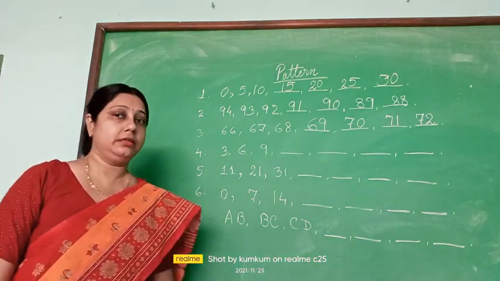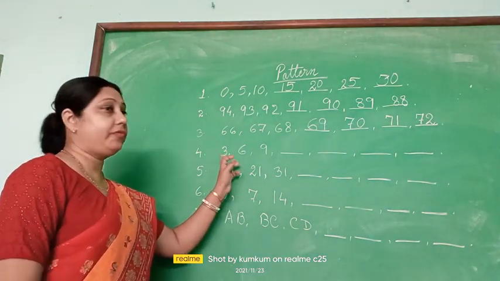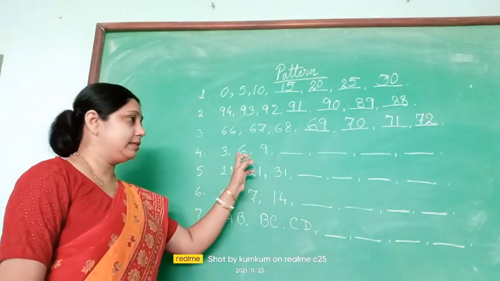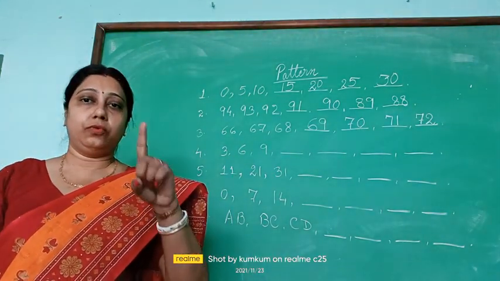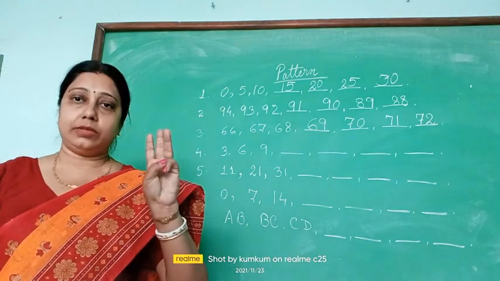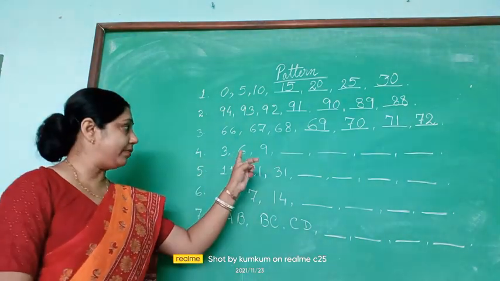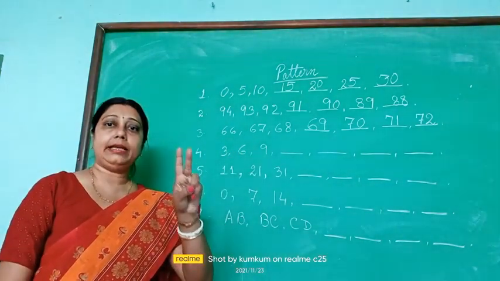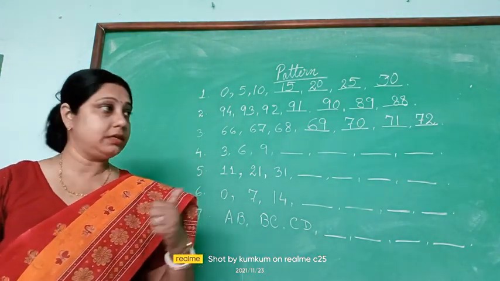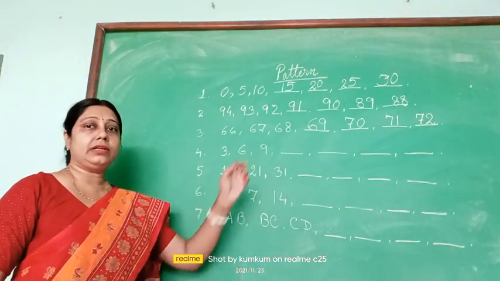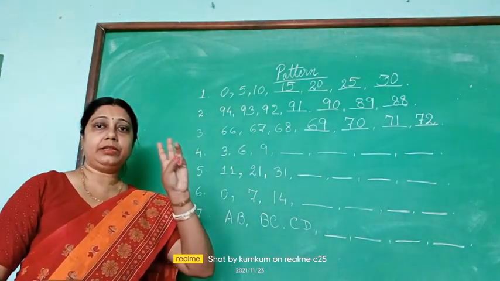Now next question, see it is jumping from 3 to 6, then 6 to 9. That means we have to see after 3, 4, 5, 6. So it is jumping in 3. So after 6, 7, 8, 9. That means it is confirmed that it is jumping in 3s or skipping in 3s. So after 9, 10, 11, 12.